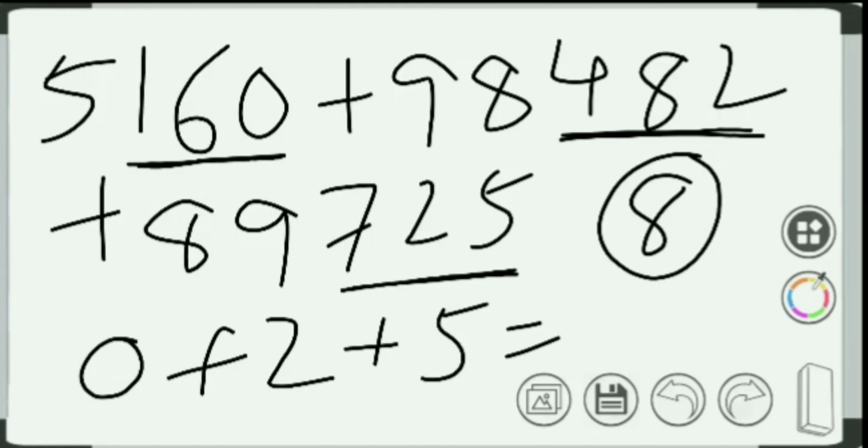And the sum of the remainder is 7. This is less than 8. If this becomes a number greater than 8, then we again divide the number by 8. Here 7 is less than 8, so we need not divide again by 8. So the answer is 7.